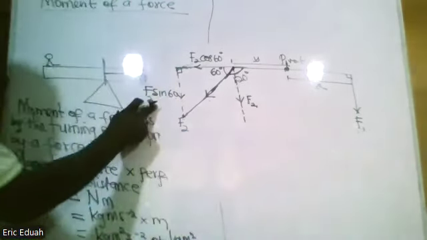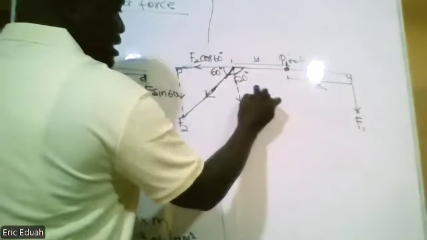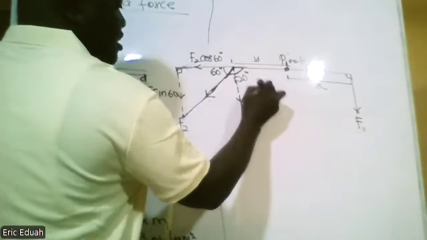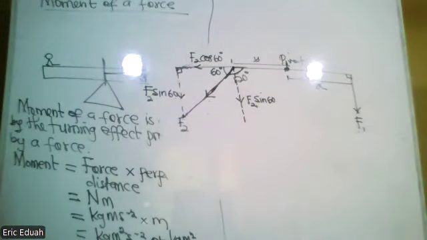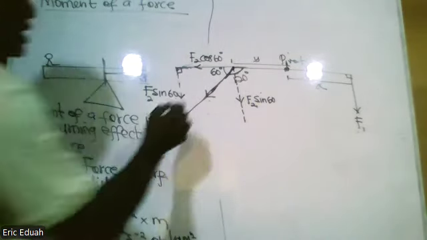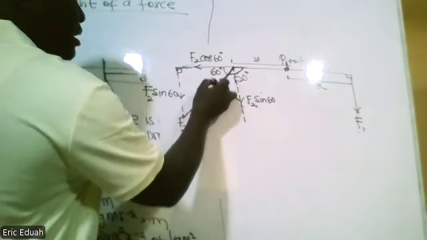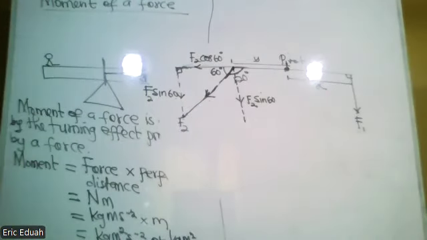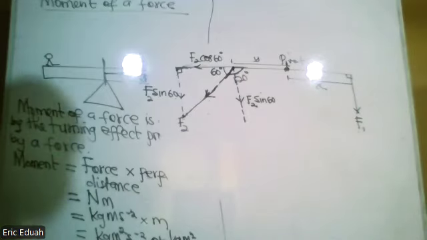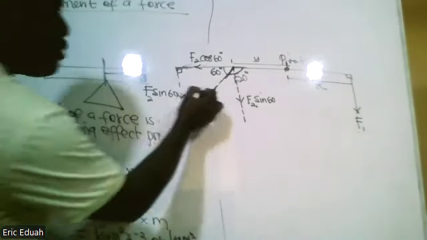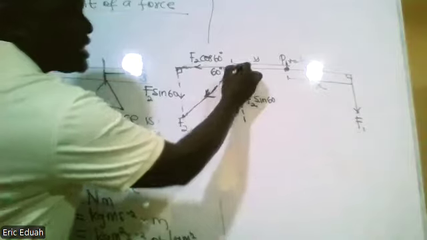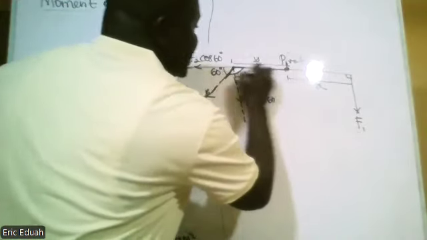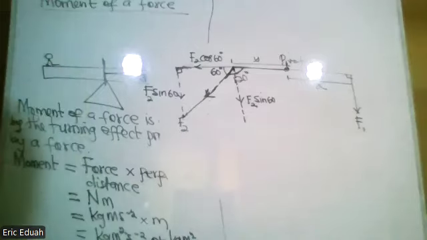So this F2 sine 60 can equally be here, so long as they have the same magnitude and direction and are parallel to each other. Meaning that we've managed to get a component of this force which is perpendicular to this distance, and so we can calculate the moment.